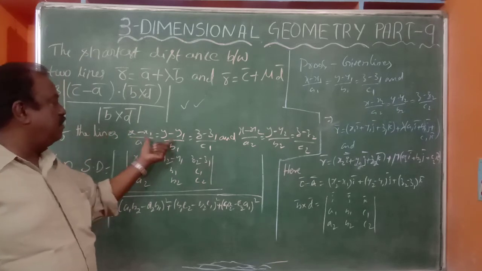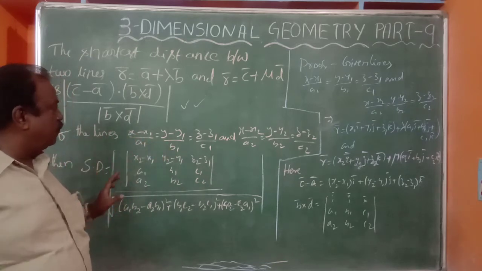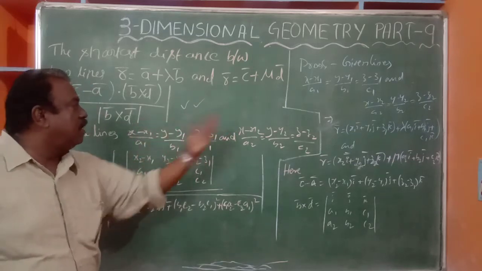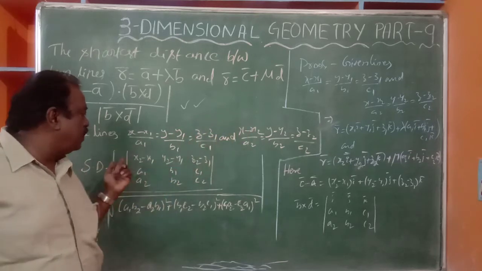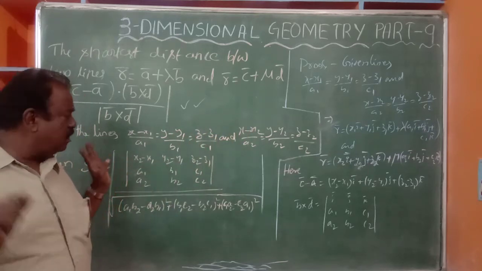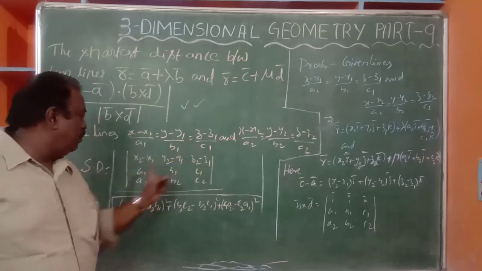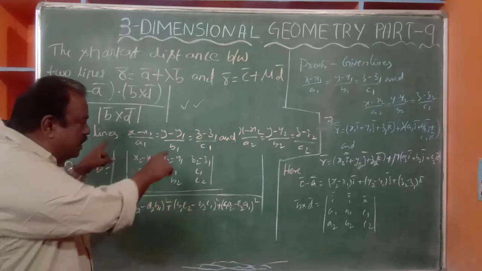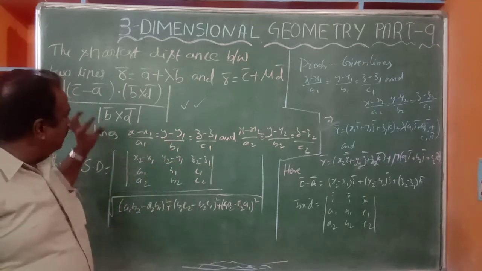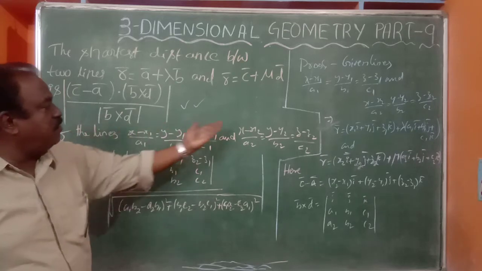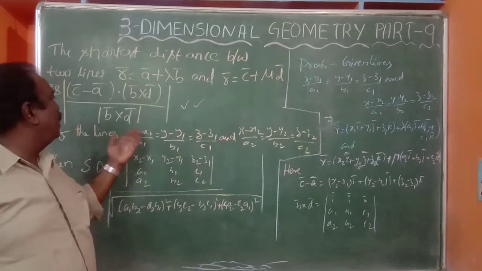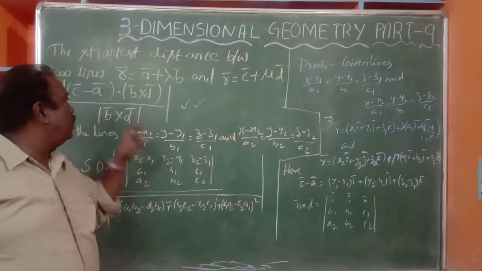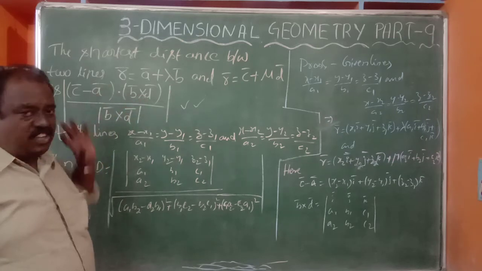If the lines are given in Cartesian form, very simply, we know that c bar minus a bar means x2 minus x1, y2 minus y1, z2 minus z1, then a1, b1, c1, then a2, b2, c2. This is a 3 by 3 determinant. C minus a, that means c is x2, y2, z2 minus a, which is x1, y1, z1. So x2 minus x1, y2 minus y1, z2 minus z1. This one is a dot of b cross d.